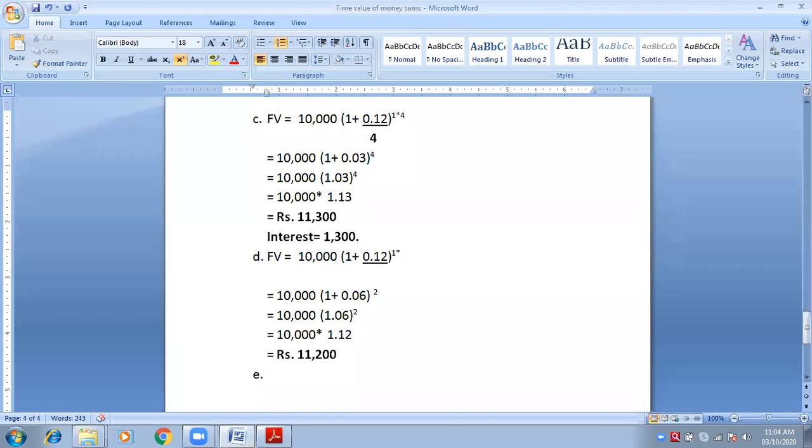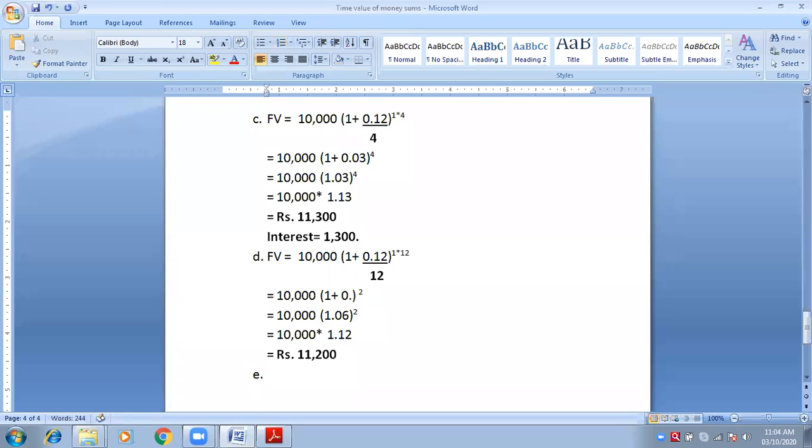Of course, 12. So it is outside the bracket raised to 1 into 12. Because outside the bracket it is raised to 1 into 12, inside the bracket it will be divided by 12. Now tell me, 10,000 same, in the bracket 1 plus same, 0.12 upon 12.